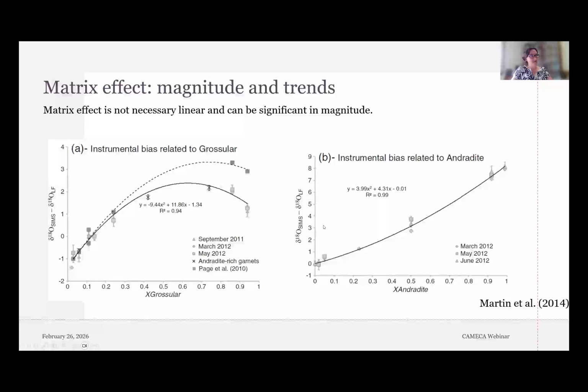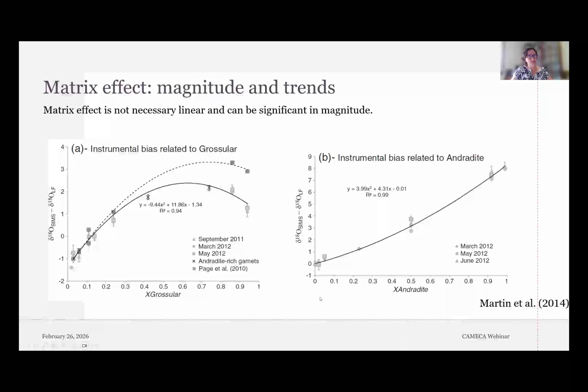We can see very well that the matrix effect, so this model of the bias versus the composition, is not necessarily linear. So it's not just that we need 2 points to draw a line, or 3. We need to test on more compositions than that. And it can be really significant.